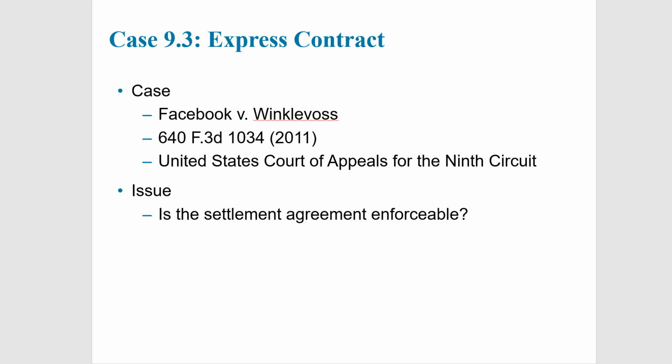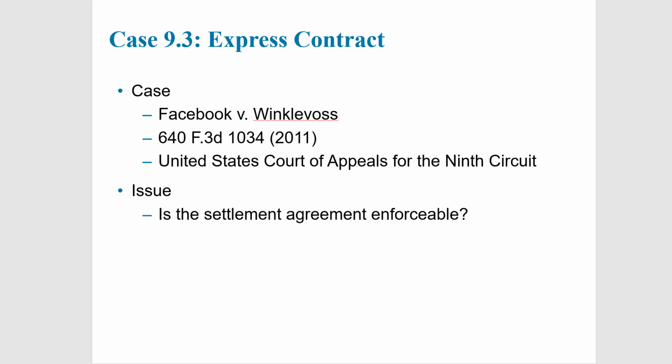They ended up settling the case for somewhere around $65 million, but later on they claimed that Zuckerberg and his team misled them about how much Facebook was actually worth. At the time, they thought they were entitled to more money. So they were saying the settlement agreement that they signed shouldn't be enforceable.